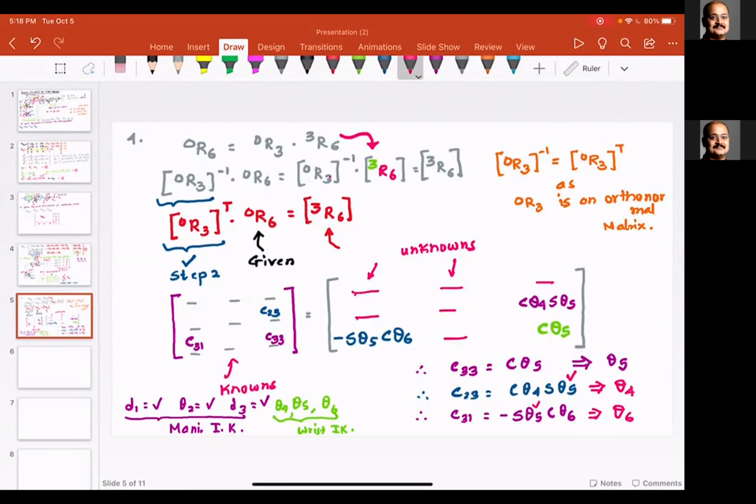Okay. All right. So any questions on the forward and inverse kinematics here? So now the question is, how would we solve this problem using MATLAB? And if you understand the MATLAB equation solving process, let me share my screen, and then we will try to solve the inverse kinematics problem using MATLAB.